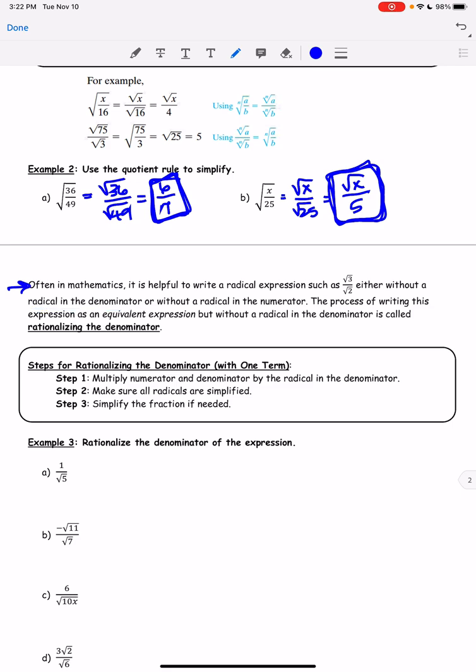It is not technically proper to have a radical in this form here, or a rational expression in this form here. It's considered improper form to have the square root on the bottom of that denominator. And so the process of writing this expression as equivalent expressions without a radical in the denominator is called rationalizing the denominator.